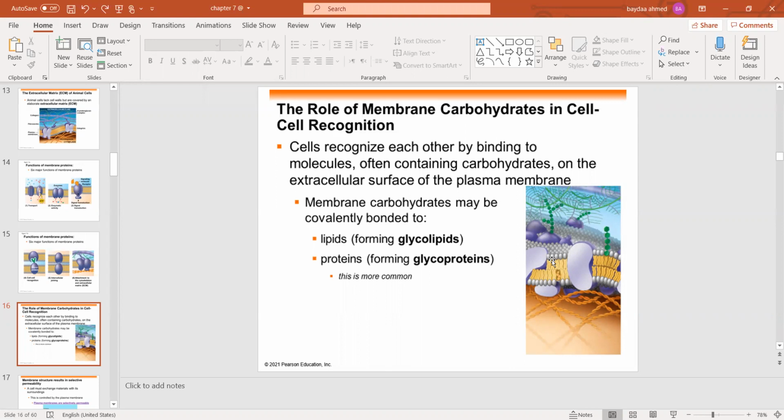Membrane carbohydrates are covalently bonded to lipids, forming molecules called glycolipids, and most are covalently bonded to proteins, and they form glycoproteins.